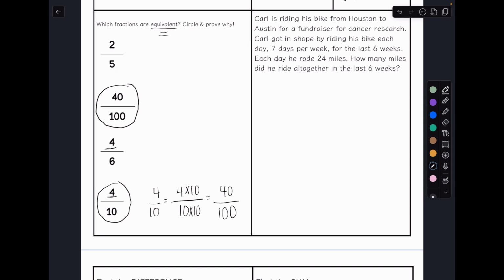So then I look at 4/6 compared to 2/5, and I realize, oh, there is a relationship in my numerator times 2, but if I multiply my denominator by the same, that'll be 4/10. So, oh, it's not equivalent to 4/6, but it is equivalent to 4/10. So that also makes it equivalent to 40 hundredths. And those will be the 3 that are equivalent.